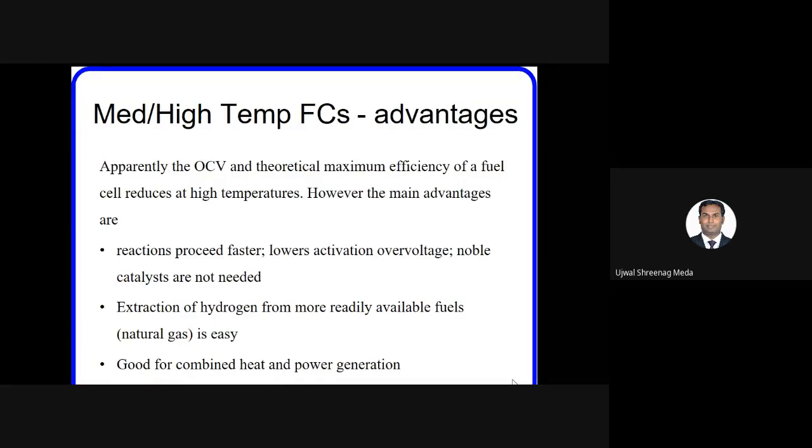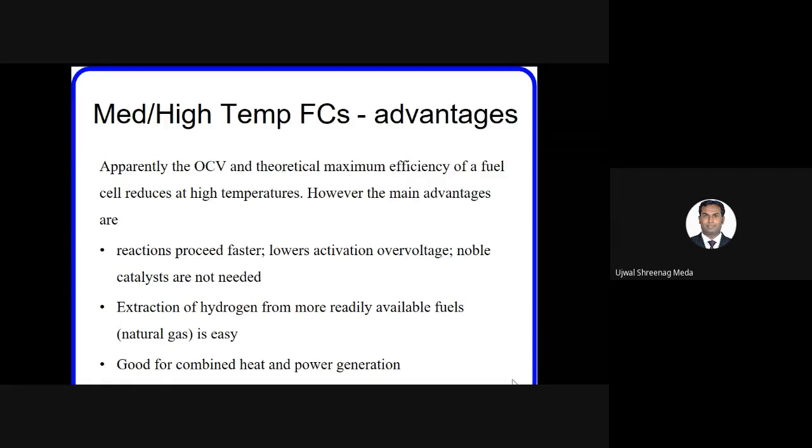This is an observation, and open circuit voltage we know, but we haven't learned theoretical maximum efficiency yet. We are going to learn that soon. For now, you just remember that these two parameters decrease at high temperatures. With increase in operating temperature, the open circuit voltage will come down, and so will the theoretical maximum efficiency.